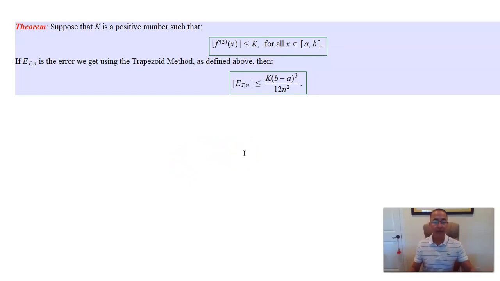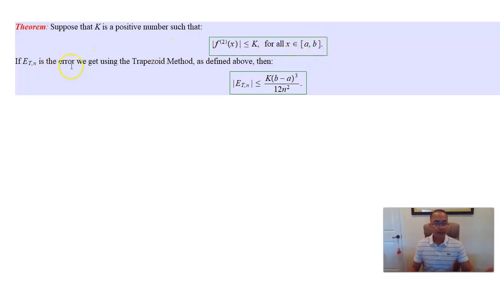There will be a similar error formula for Simpson's rule. Suppose that K is a positive number such that the absolute value of the second derivative of our integrand f of x is at most K for all x within the interval of integration from a to b.